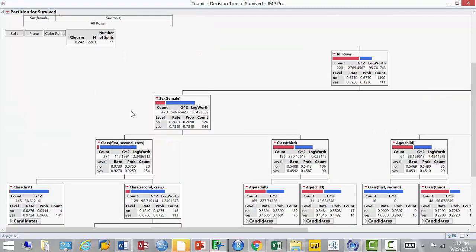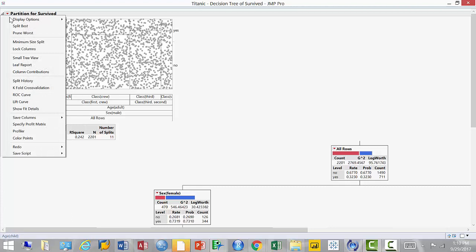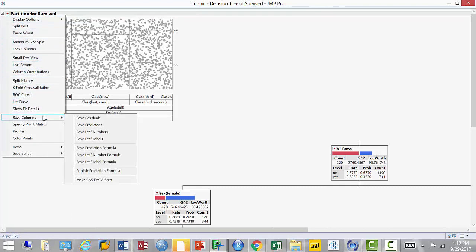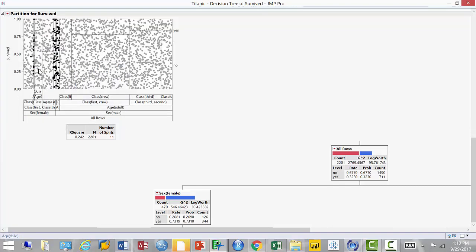And one thing that we're going to actually use a lot is how good of a predictive model do we have? I mean, this is a classification model, right? And actually what I can do is look at the rules of this classification tree. So if I go to the red triangle menu, okay, let's see, where is that, leaf report, right?